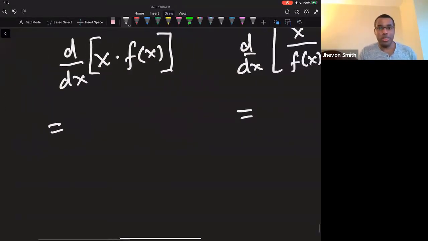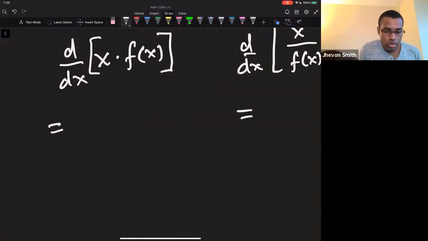Let's move on to the second one. In the second one, notice that I have a product of functions now. I have x times something. Now I don't know what that something is. So can we even differentiate it? Well, I know what the derivative would have to look like. It's a product, so I would do the product rule.